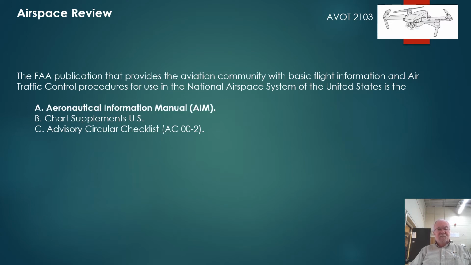Obviously it's A. The Aeronautical Information Manual has recommended procedures and basic flight information for air traffic control procedures. Chart Supplement US is the one that you use to find specific things about an airport. You have some information on the sectional chart, but the Chart Supplement US has very detailed information about airports, runway lengths, communication, and fuel availability, all those things.